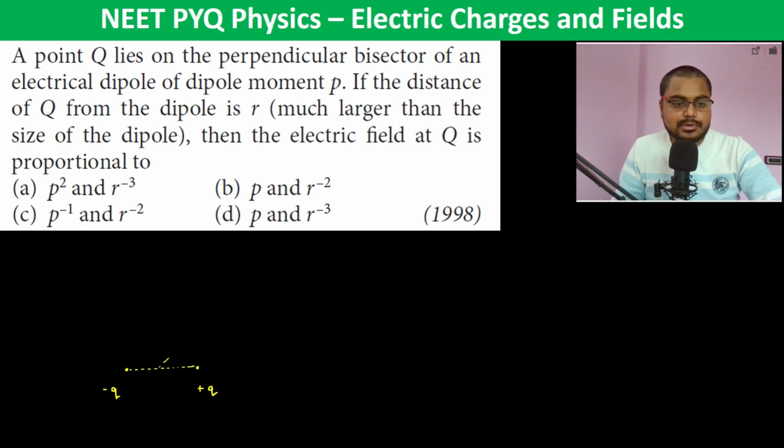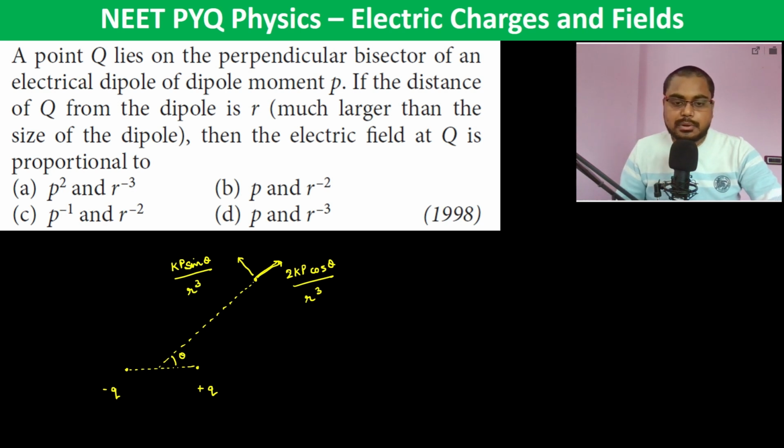This is a general formula, and this is theta. The electric field is going to be in this direction and in this direction. In this direction it's going to be 2 kp cos theta by r cube, and in this direction it's going to be kp sin theta divided by r cube.